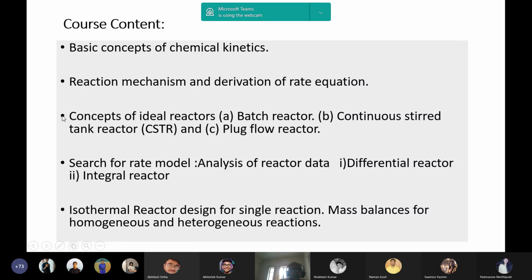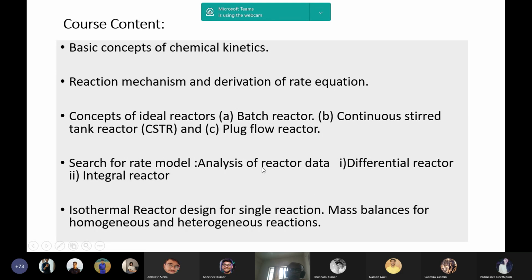Now see, in section 3, I have kept batch reactor, continuous reactor, plug flow reactor. These are the types of reactors. Using the laboratory batch reactor or plug flow reactor, we can gather reactor data for kinetic study.